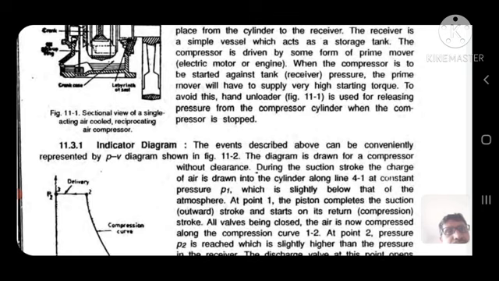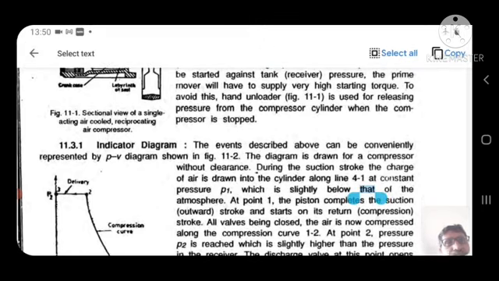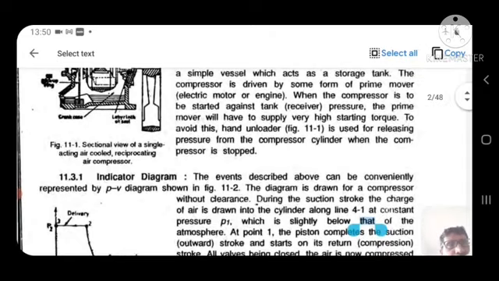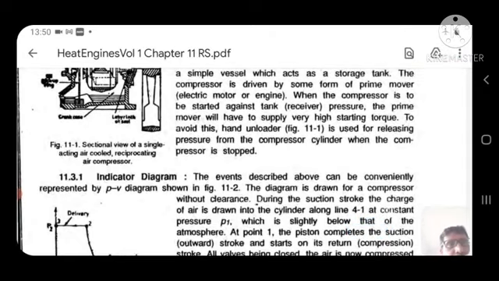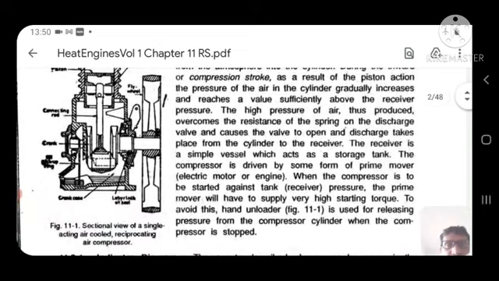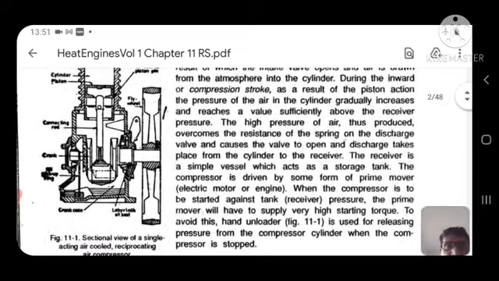The compressor is driven by some form of prime mover. And this is the diagram of the sectional view of a single acting air cooled reciprocating air compressor.